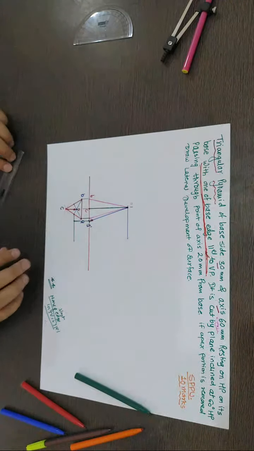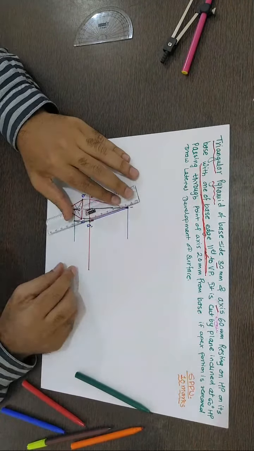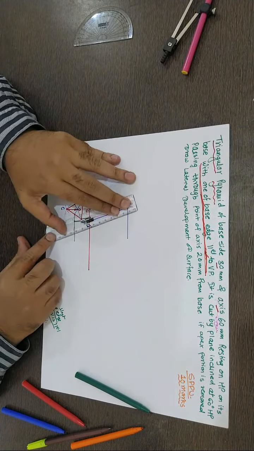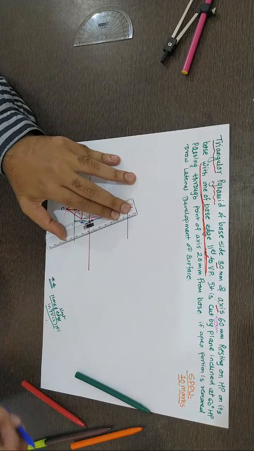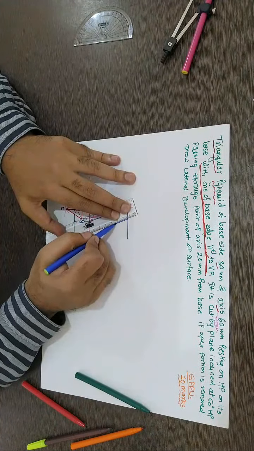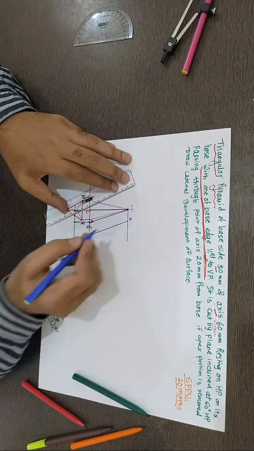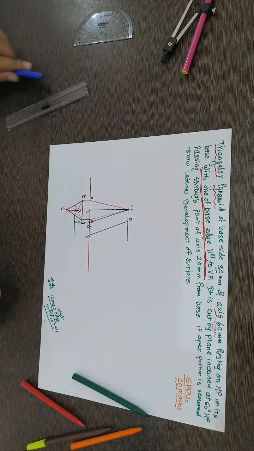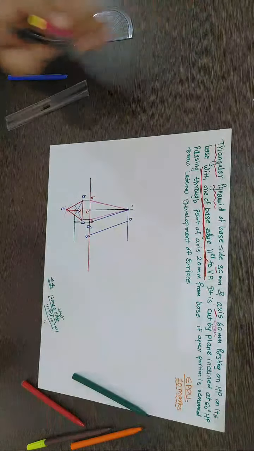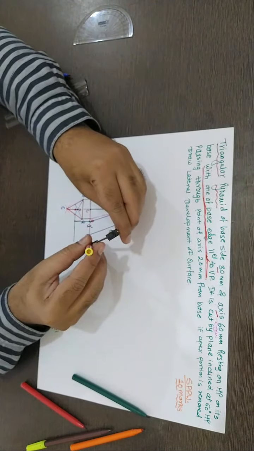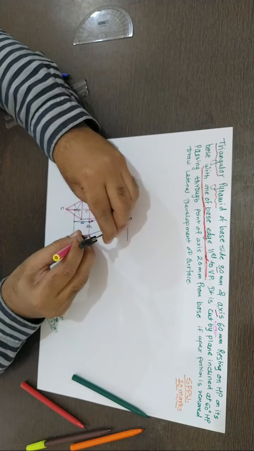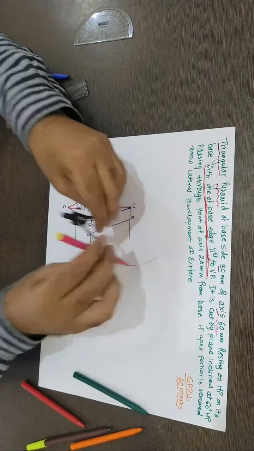Now, parallel to this line, new line, OA dash blue color, draw one reference line. I'll intentionally represent this as OA dash because that represents the true length. Rest is same. Take O to A dash as radius in compass. Mark one arc.